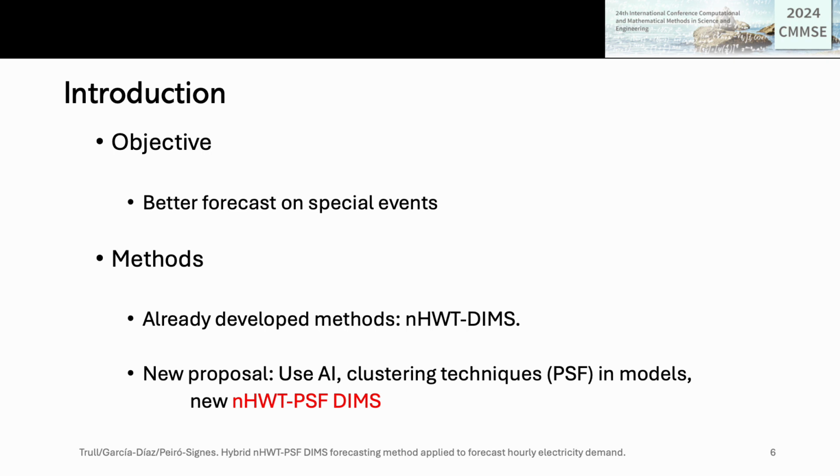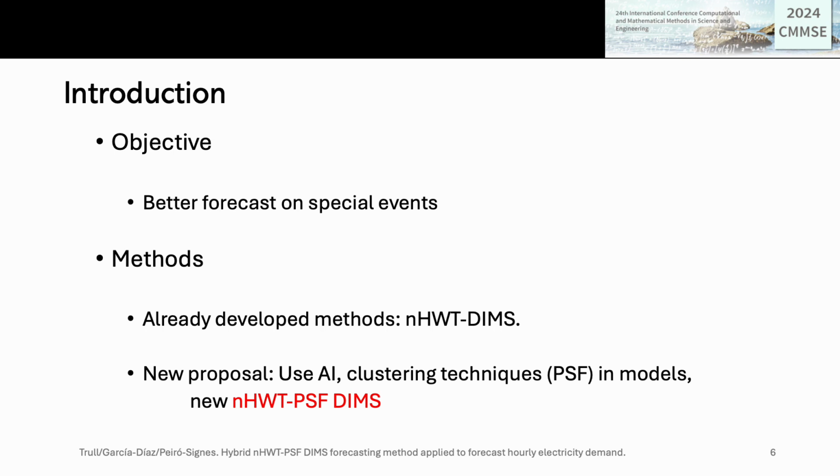Then there are many ways to deal with these irregularities. It could be, for instance, using dummy variables to split the original model in various, or just modifying the original time series.